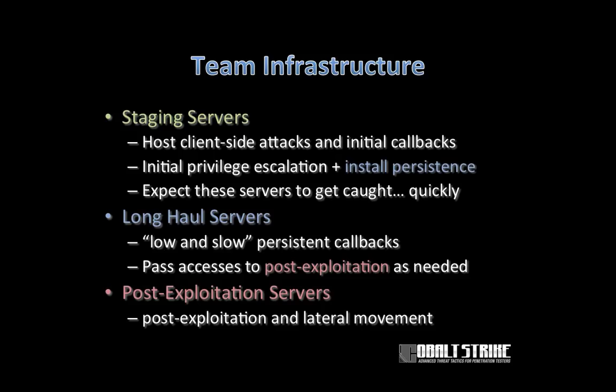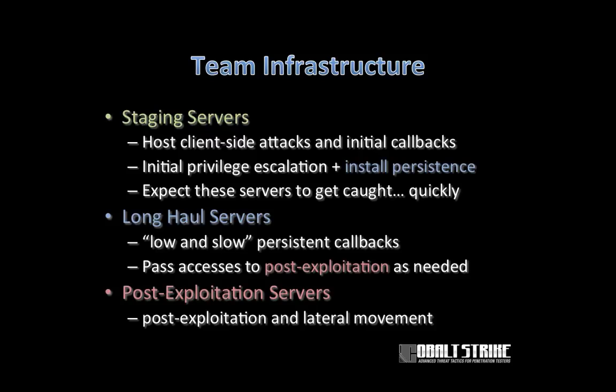Okay, now that we understand the mechanics of Cobalt Strike's infrastructure, let's talk about best practices. When you stand up multiple team servers, I recommend you have 3 tiers of servers. The first tier are what we call staging servers. A staging server is a server that hosts your client-side attacks and receives initial callbacks.